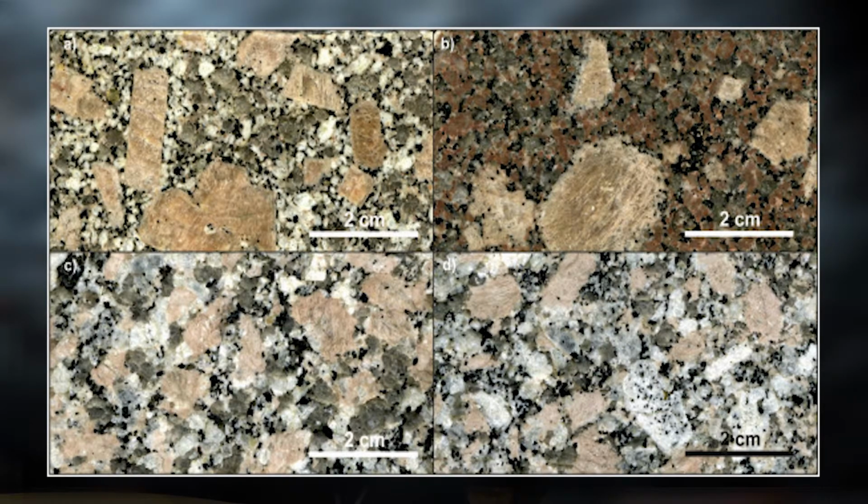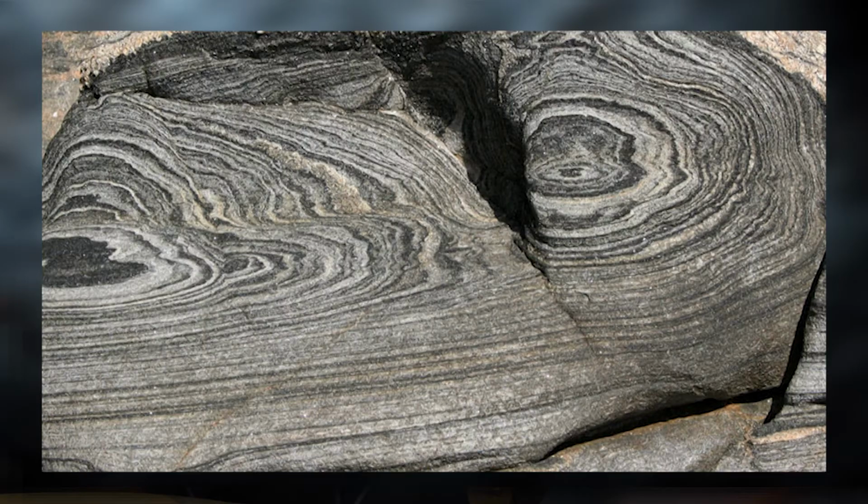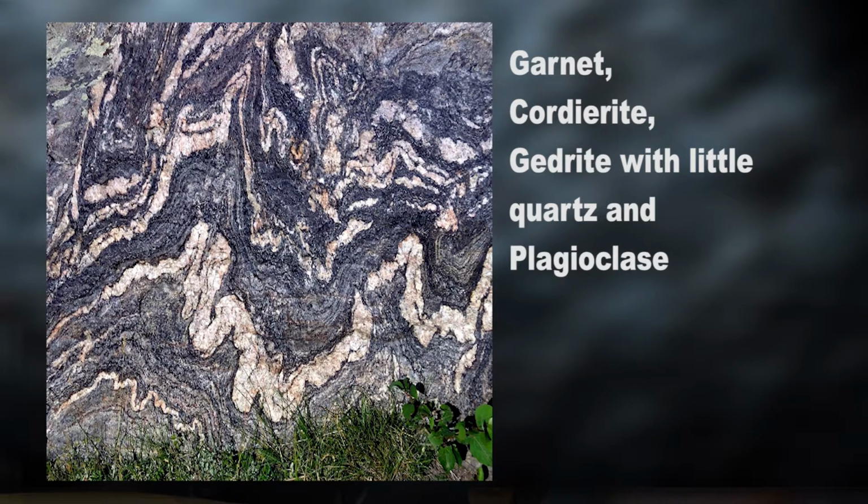The metamorphic portion is dark colored and contains biotite and other minerals such as garnet, cordierite, with little amount of quartz and plagioclase.